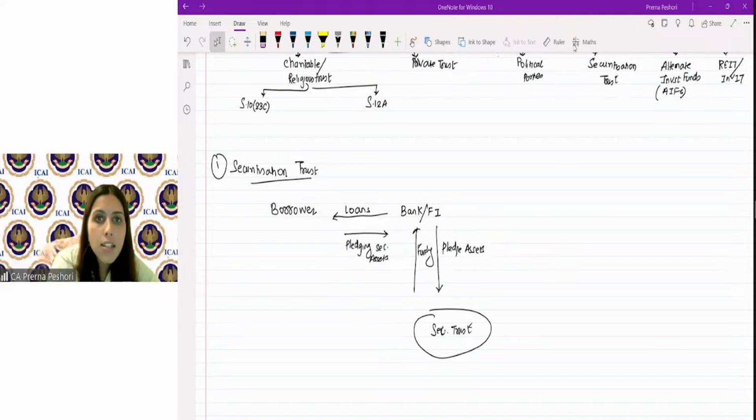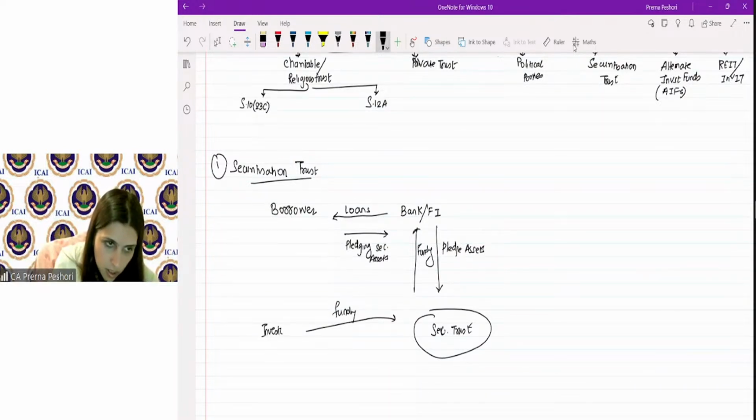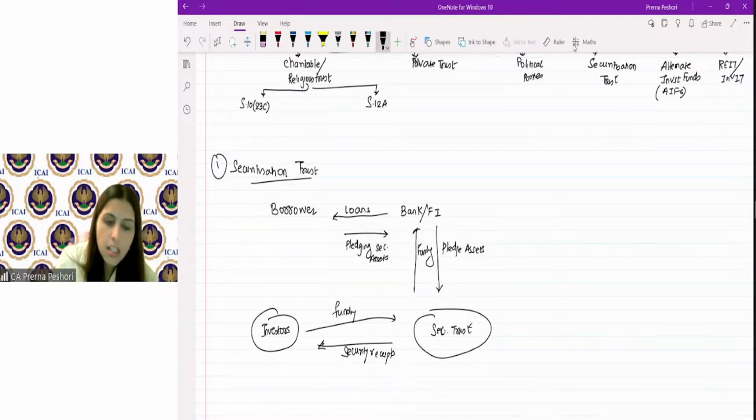This securitization trust will have the funding from the investors, so it will issue the security receipts.